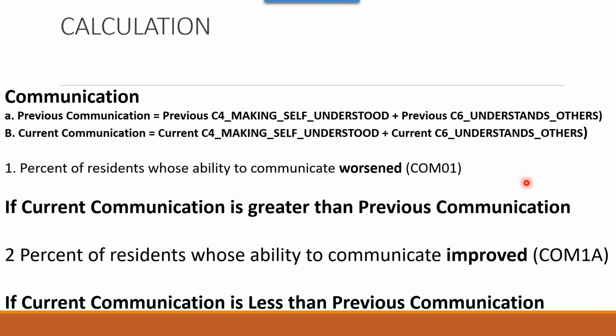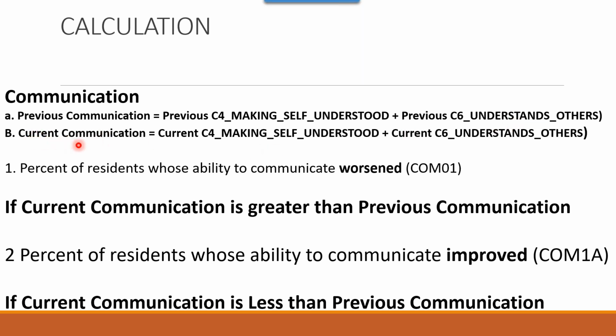So now the actual calculation for communication, we're going to calculate 2 different scores. We're looking at the previous communication assessment, and we take the making self understood and add that to understanding others to get a maximum score of 6 and a minimum score of 0, where you're independent.